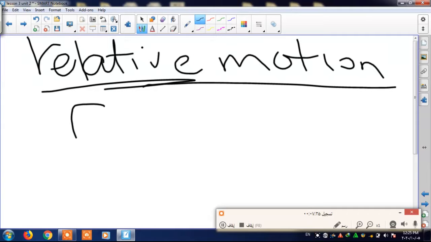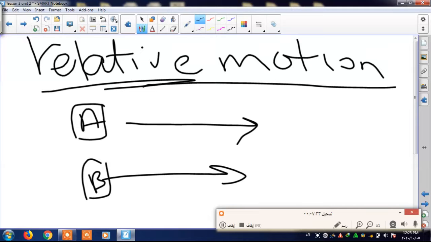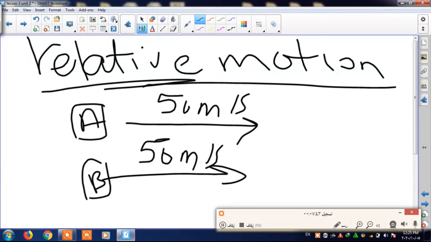If I have two cars, me in car A and you in car B. The two cars have the same direction, move in right direction, and move with speed 50 meter per second. Car B also moves with speed 50 meter per second. This means that the two objects have the same direction and have the same speed.